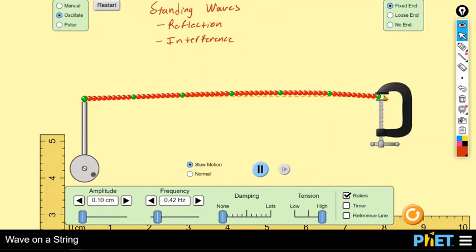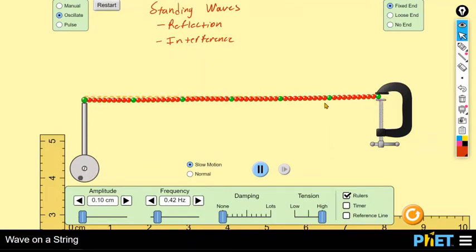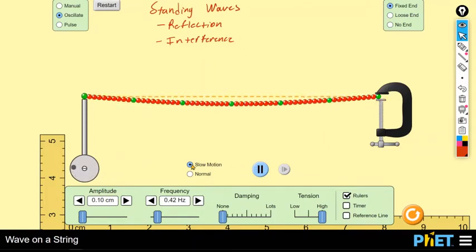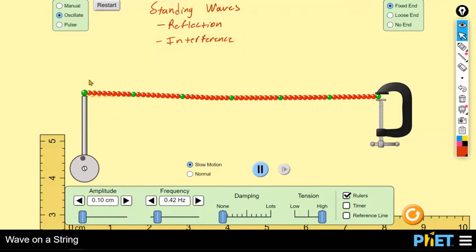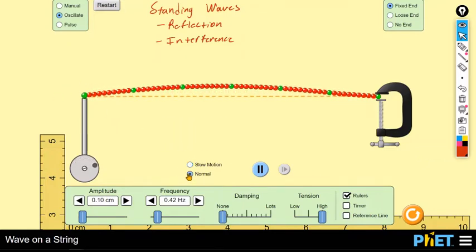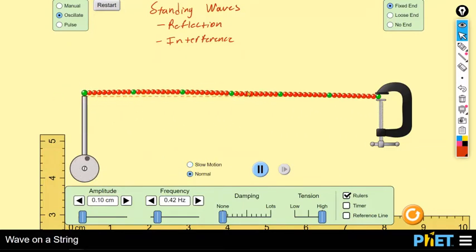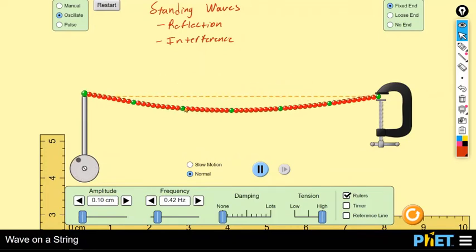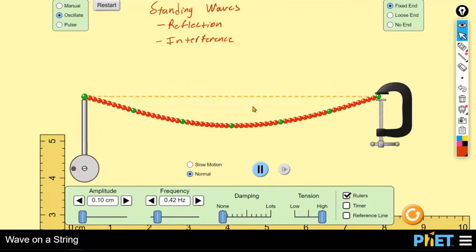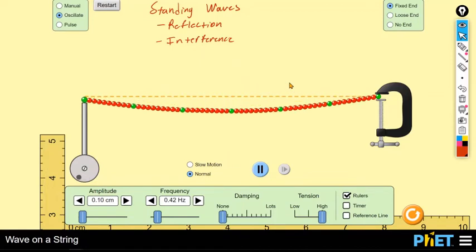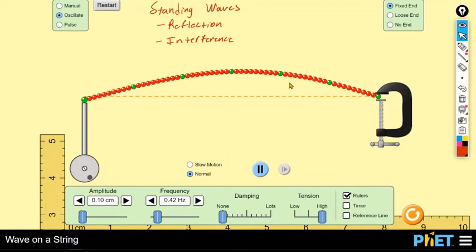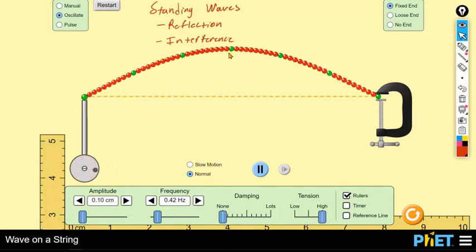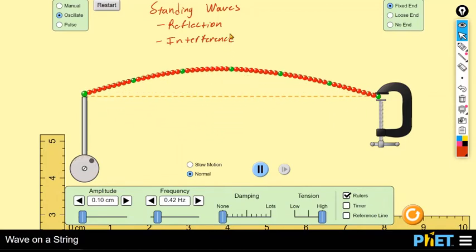And then it's going to reflect off of the boundary, and of course that will invert. But when this is reflected, this is sending another one out. And now it's happening at just the right time to where the wave that's sent out and the wave that's reflected will always interfere constructively, and the amplitude continuously increases.